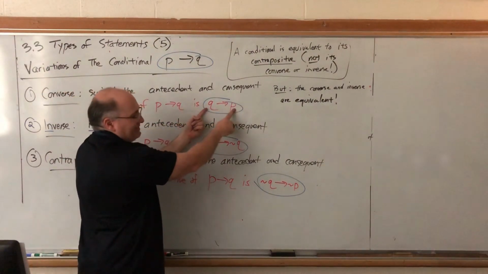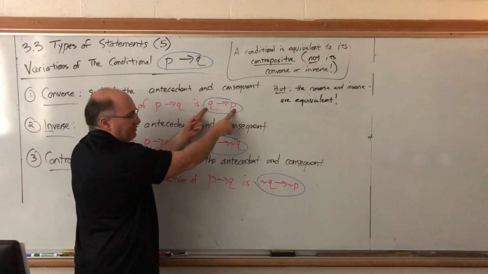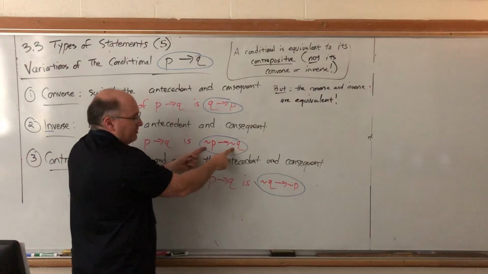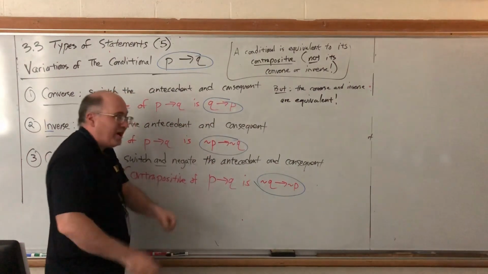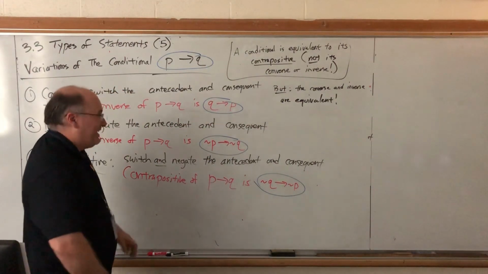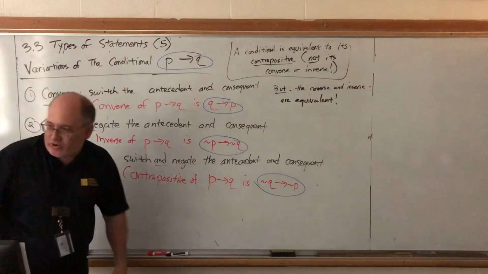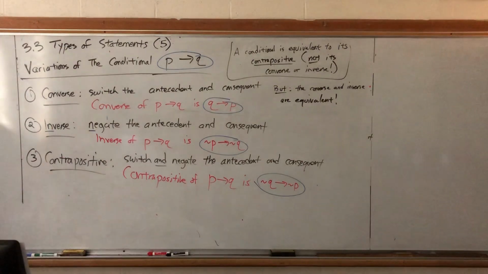If I take this statement's contrapositive, I would both switch and negate and it would turn into this. Actually, the converse and inverse are contrapositives of each other. That's what makes them equivalent. We're going to take a look at an example where you're actually asked to write the converse, inverse, and contrapositive of a conditional.